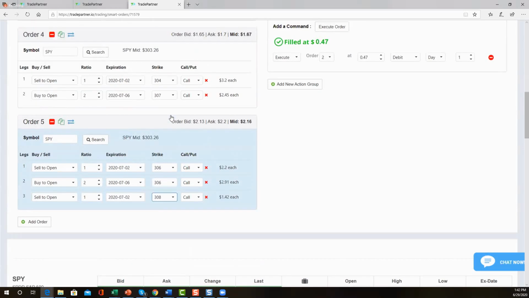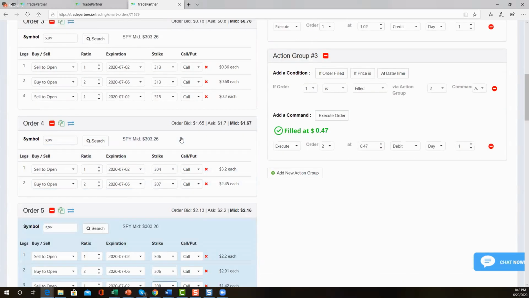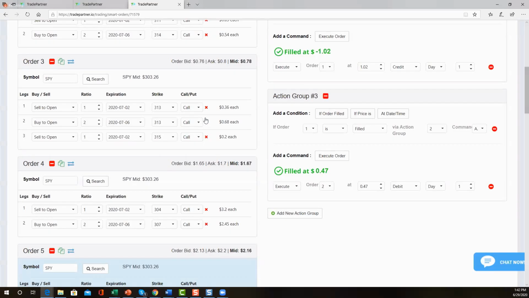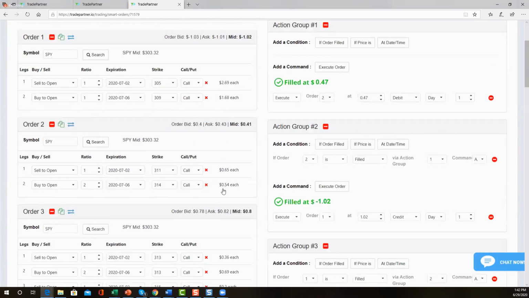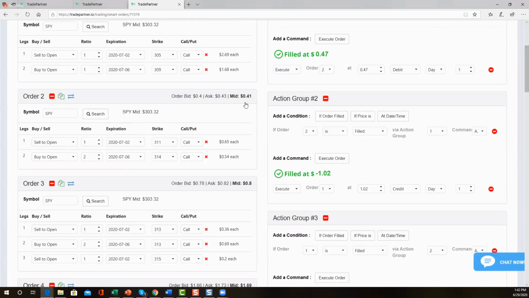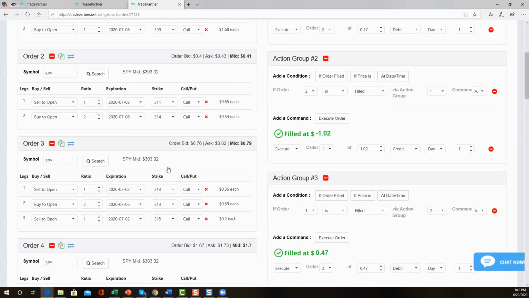So that's why I chose to do 2 of these, which you can get for almost the same price. And look, right now you can get 2 of the 311, 314s for about the same price as you can get 1 of the 313, 315. That's why I did that.